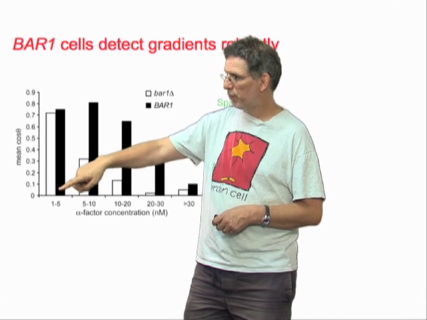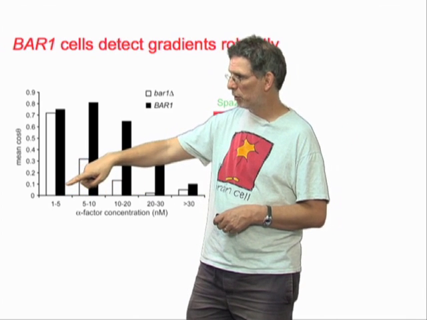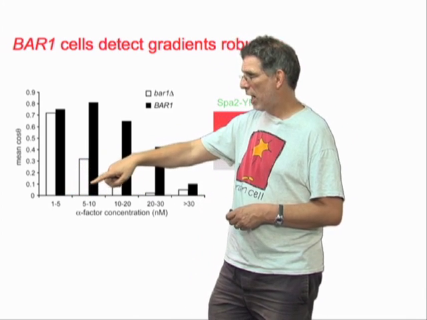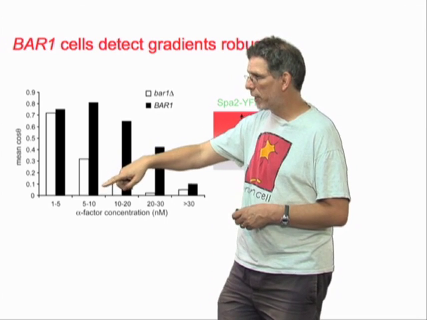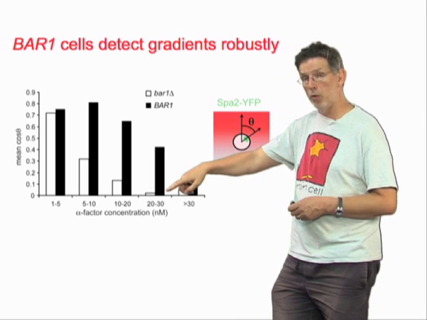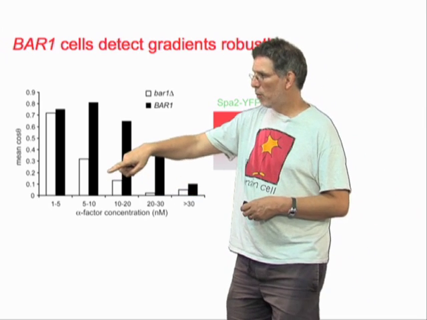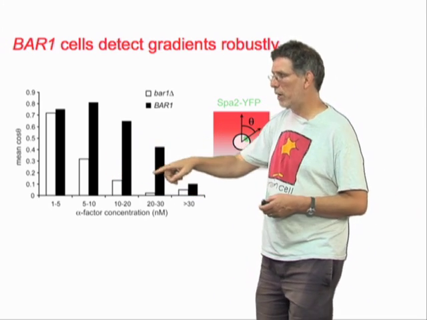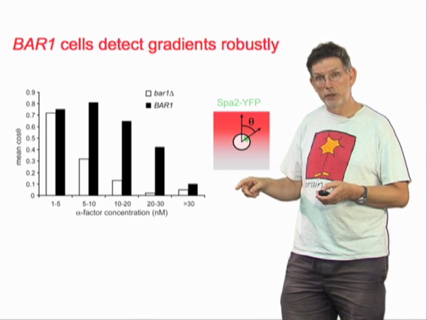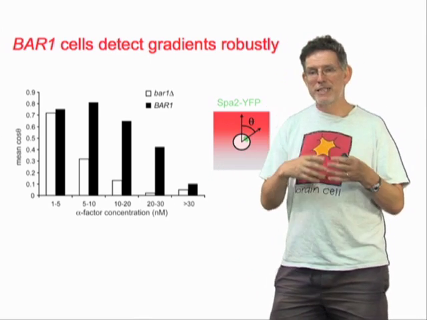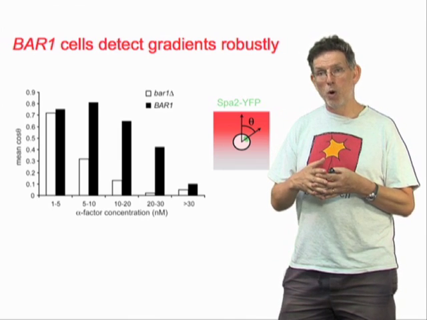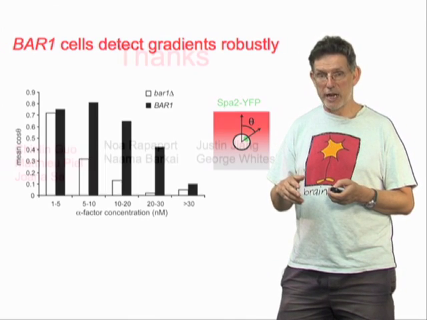So this is 1 to 5 nanomolar, that range of pheromone concentrations. They do about the same. And now as the pheromone concentration goes up, as I showed you before, the white guys, the guys that lack bar 1, wimp out. The black guys who have bar 1 detect pheromone gradients over a much wider range of concentrations. And if you do experiments to ask, does that allow the cells to mate under a wide range of conditions, the answer is yes.